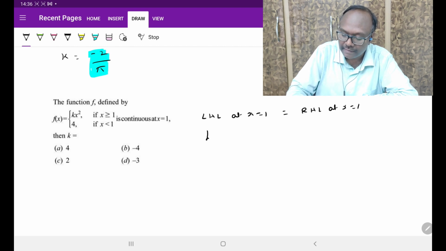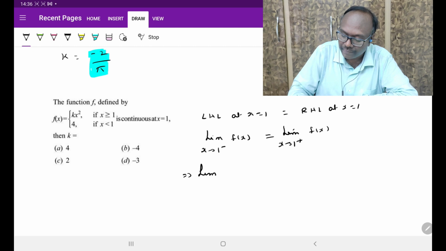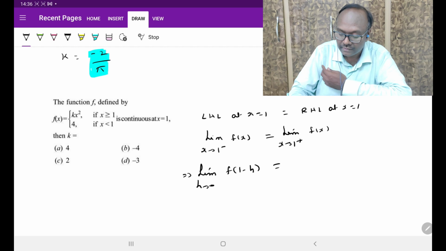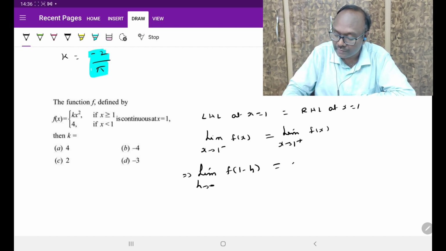So we write this as limit x tends to 1 minus f of x equal to limit x tends to 1 plus f of x. So this implies limit h tends to 0 f of 1 minus h equal to limit h tends to 0 f of 1 plus h.